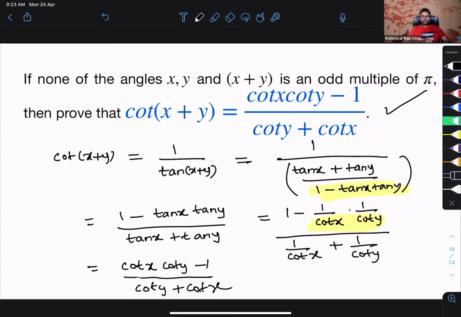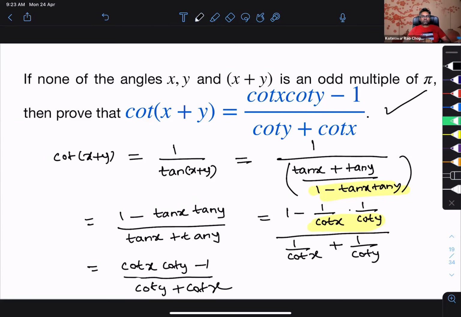We have a few more interesting things. We will have to prove cos 2x. I think these are all identical. Here we are taking cos 2x as the input. We need to show that it is cos square x minus sin square x. And this is actually easy.